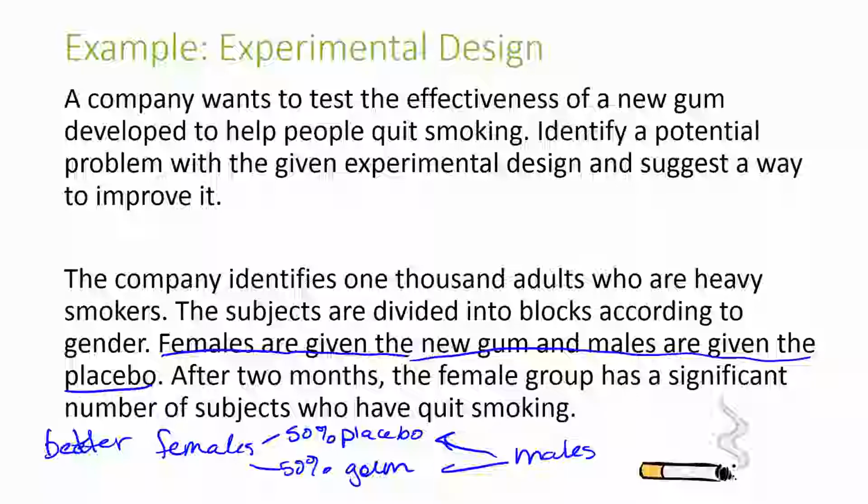Put half of them in the placebo group and half of them in the active gum group. So that way you can see if there is some type of gender bias. Now you may want to create blocks on other possible categories like age or length of time they've been smoking, but the big problem with this is not splitting up by gender.